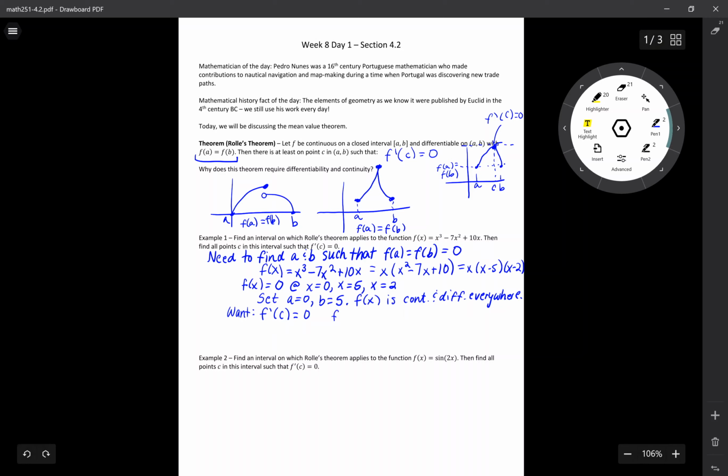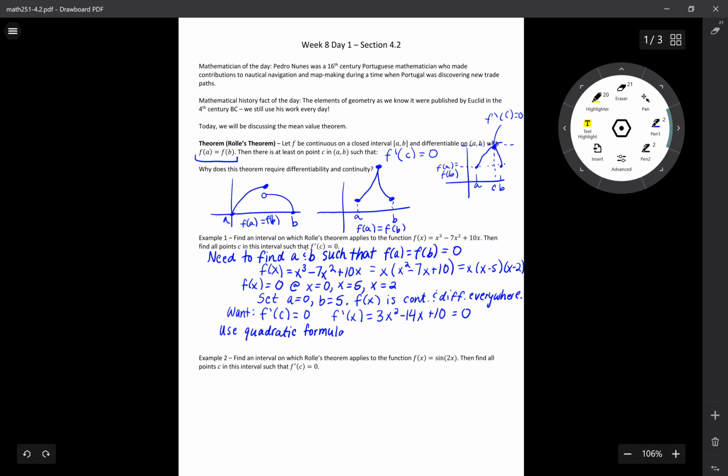So I see that f prime of x, taking the derivative, is equal to 3x squared minus 14x plus 10. And I want this to equal 0. Well, I'm going to have to use the quadratic formula here, since it doesn't really factor easily.